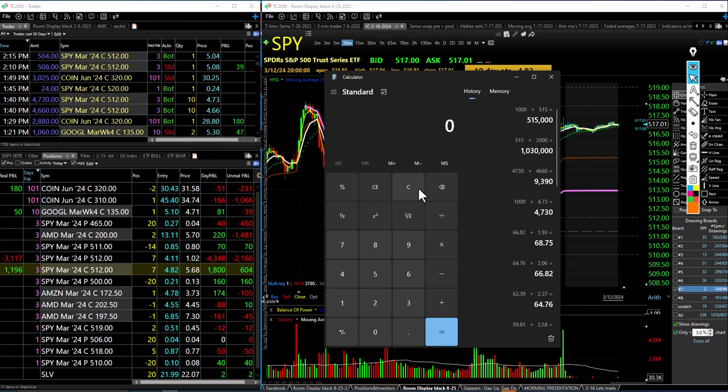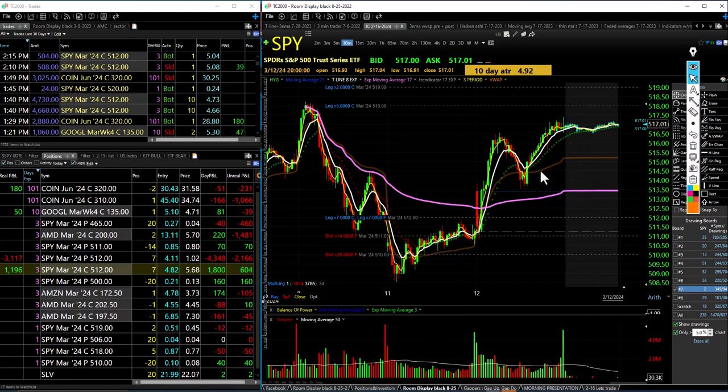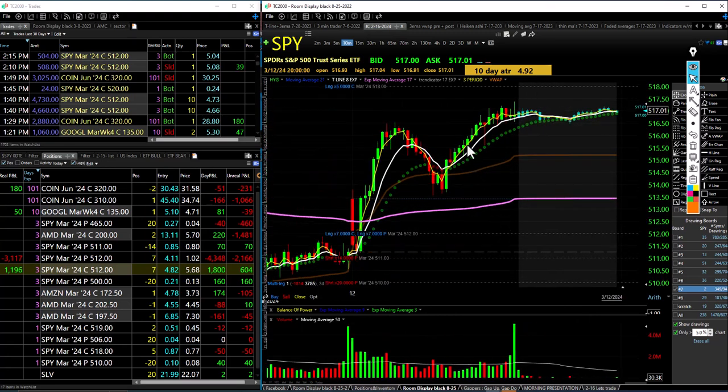So we can take that 1,800 and divide it by 9,390. You can see an almost 20% gain in a matter of 2 hours by leveraging my money. And that all comes from getting the direction right.